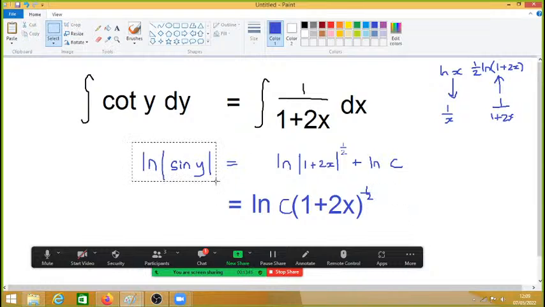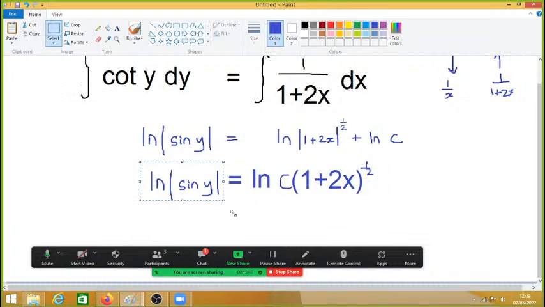And just need to work on it a little bit more, so you're trying to end up with just an equation as simple as possible with y and x in it. And what you notice here is both sides have got natural log on. So if both sides have got natural log on, we can just get rid of the natural log, cancel it out from both sides.